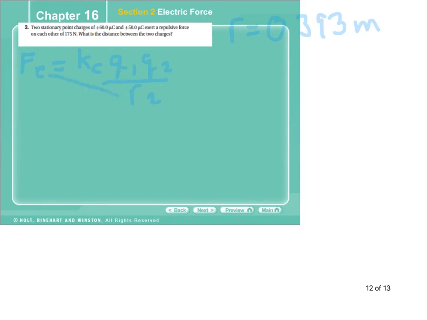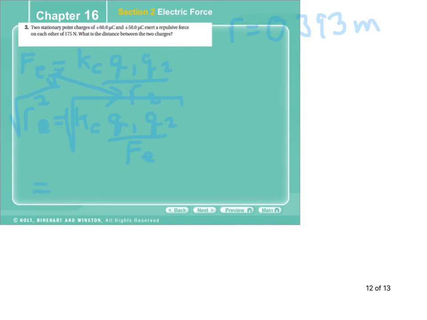So that gives us R squared equals Kc times Q1 times Q2 divided by the electric force. And then we want to square root both sides. So there's our new formula. And if you weren't able to figure that out before, you might stop now and try your calculations and see if you come up with that answer I gave you.